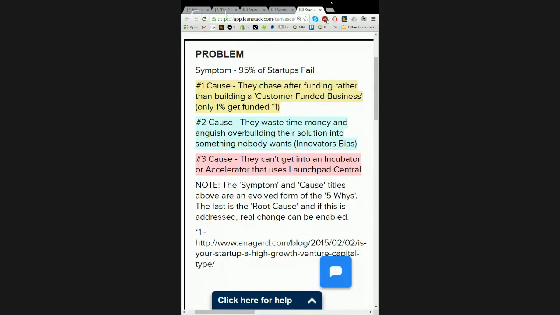One of the causes that they fail is that they chase after funding rather than building a customer-funded business. They waste time, money, and anguish building a solution that nobody wants. The cause is that they can't get into an incubator or accelerator that uses Launchpad Central or the startup race tools to prevent this from happening.